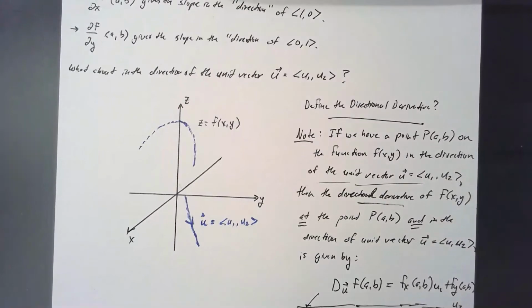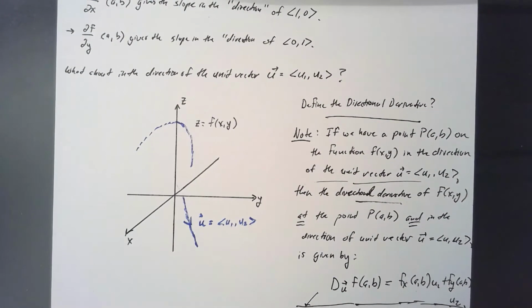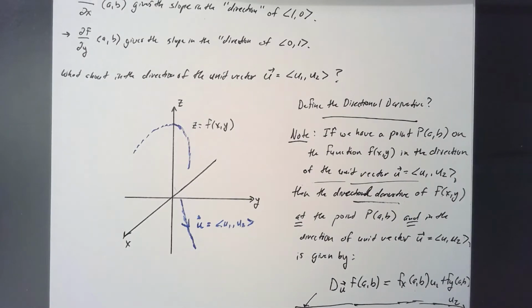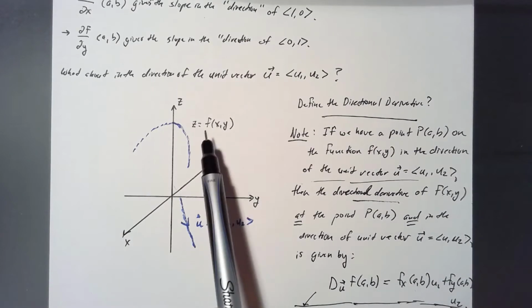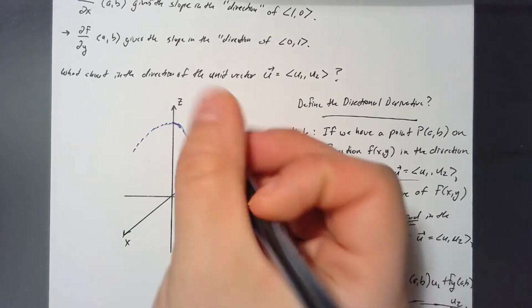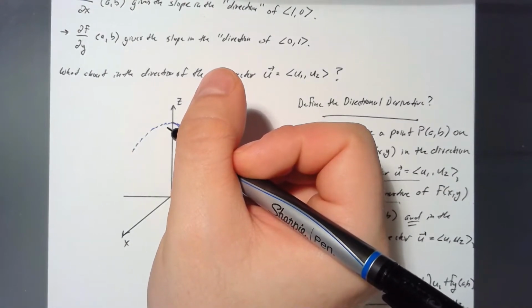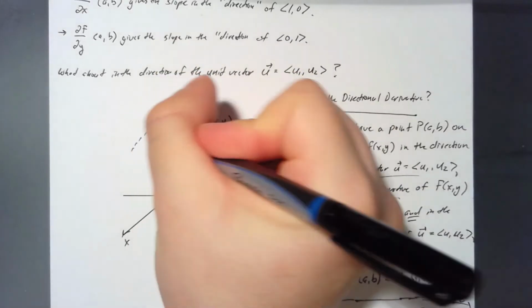So, let's say the following here. Here's my unit vector. Here's my function, right? So, let's say I have the point on my curve over here somewhere.